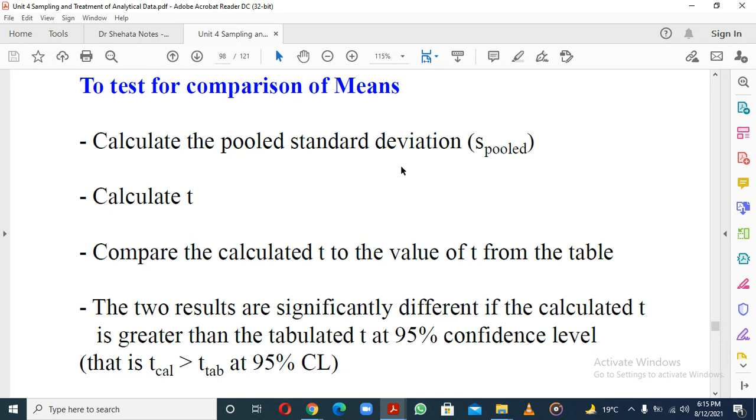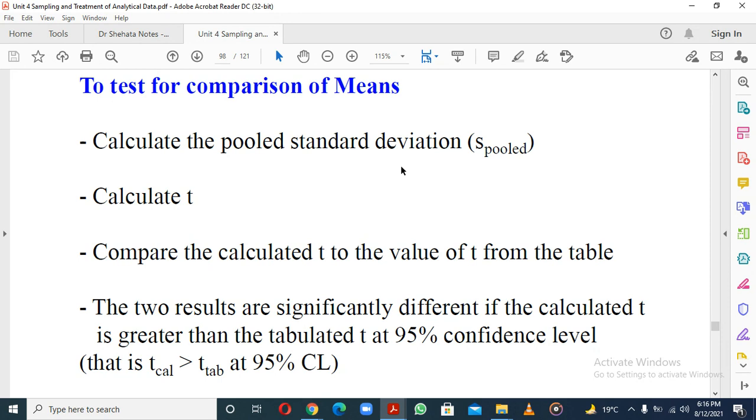So we are trying to understand which of these tests, or rather which of these values, are more accurate. So what you're going to use is the pooled standard deviation, where you're trying to find an average of the standard deviations for those samples that you are trying to analyze.